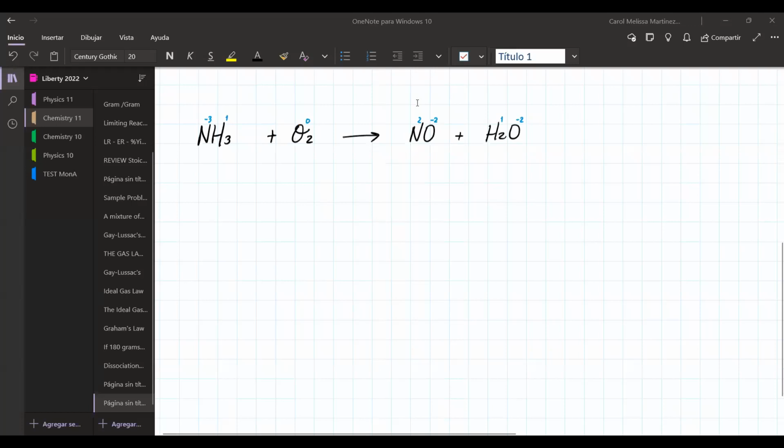So my oxidation, okay, is for nitrogen. Nitrogen is oxidizing because the oxidation state increased. So I know that this is oxidation.